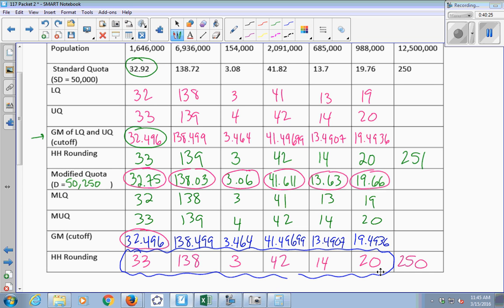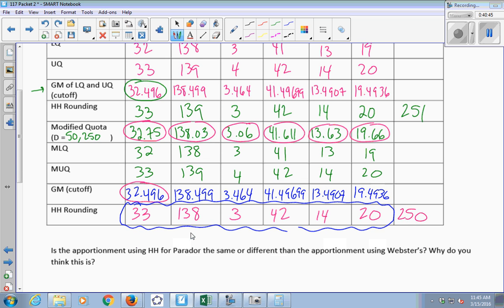I mean, that's off by a few hundredths, but it's still really close to 0.5. So the cutoffs in Huntington Hill are typically really close to the 0.5 cutoff you use in Webster's. So it's a really similar method that's just more tedious.